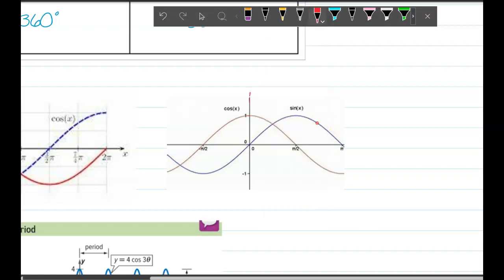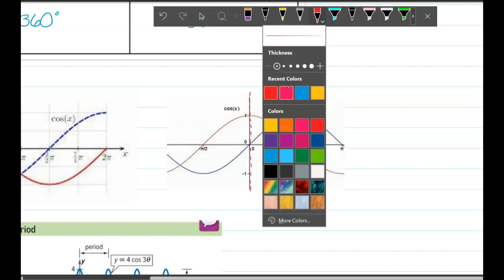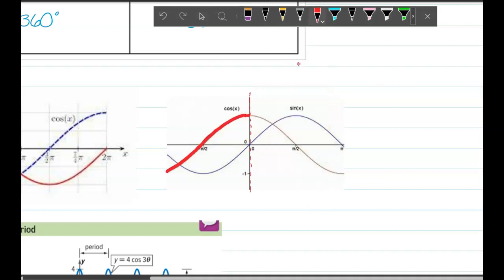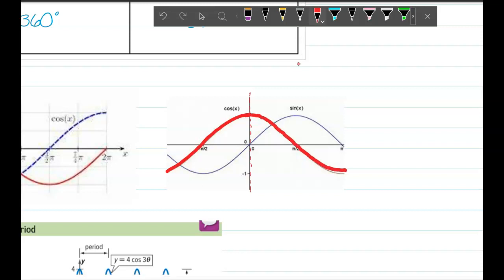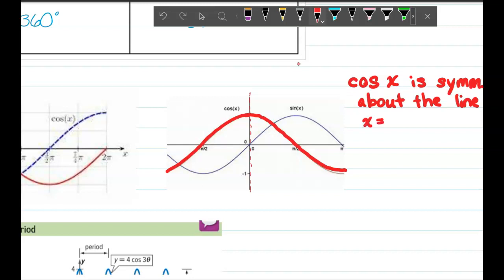So if you could imagine folding the graph right here along that dotted line, the y-axis, the left side of the cosine function would line up on top of the right side of the cosine function. So cosine is symmetric about the line x equals 0, or the y-axis.